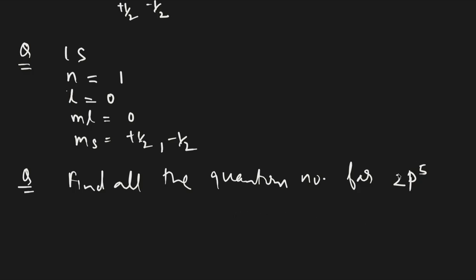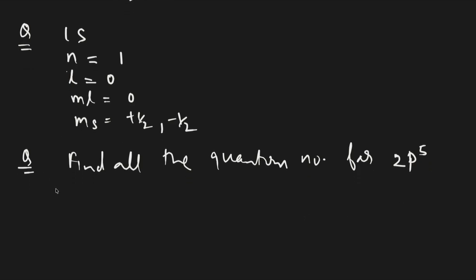Okay, so you have already been given a location. Your electron is present in 2p5. What are the different quantum numbers, or you can say what is the address of this particular electron? Okay, so how to do that? We can easily see n is 2 in this case. What about l? l is 1.